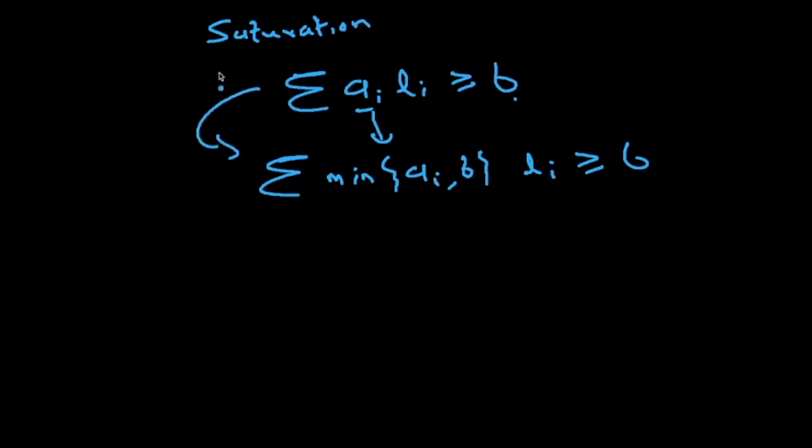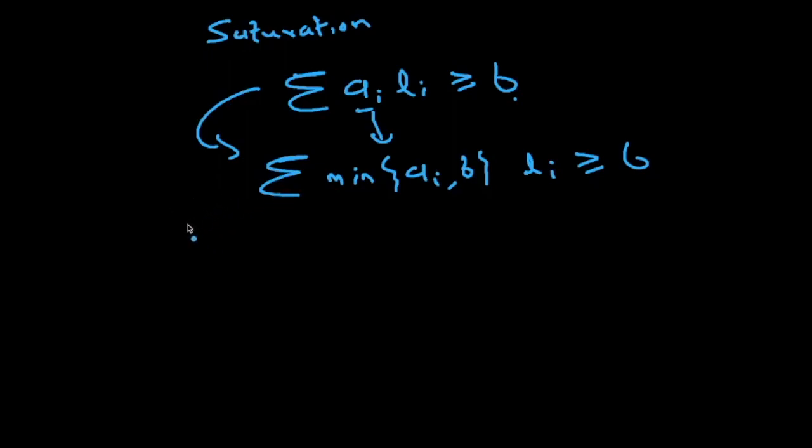After you apply some weakening, your right hand side would be reduced, and after that weakening, if you apply this kind of saturation, it is sometimes effective. That's the idea behind saturation based reduction.